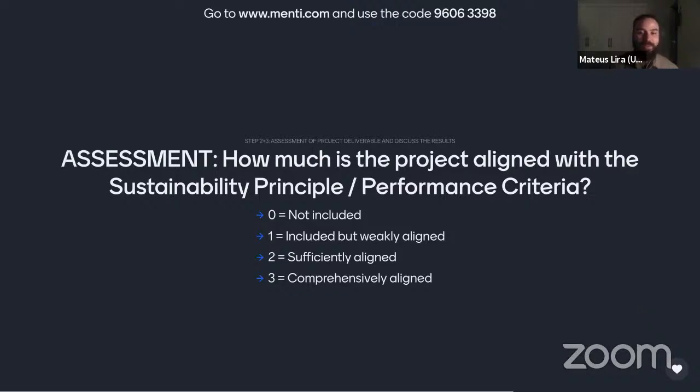Yeah, as I mentioned before, here we're going to stay at the sustainability principle level. So 0 means this is not included, 1 means it was included but weakly aligned, 2 means sufficiently aligned, and 3 comprehensively aligned.